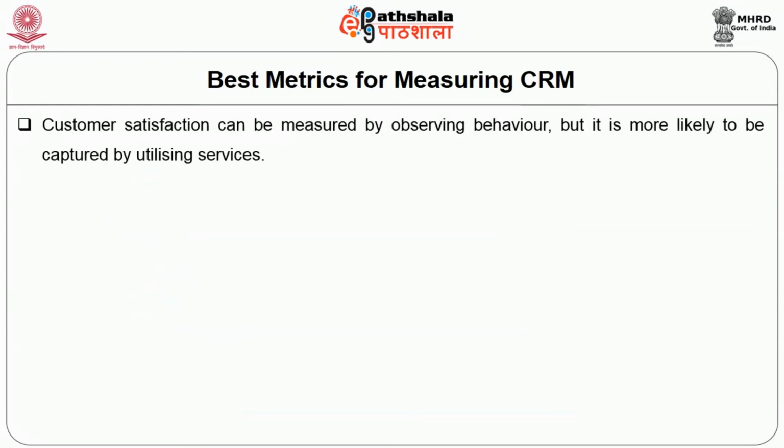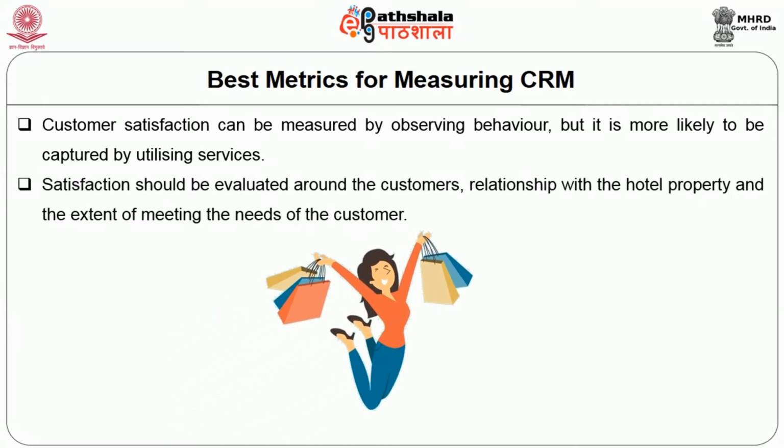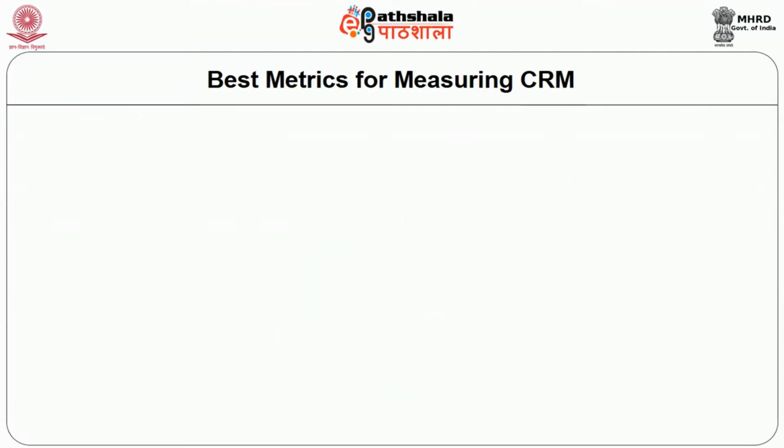Customer satisfaction can be measured by observing behavior, but it is more likely to be captured by utilizing different surveys. Satisfaction should be evaluated around the customers' relationship with the hotel property, and also the extent of meeting their needs as customers.